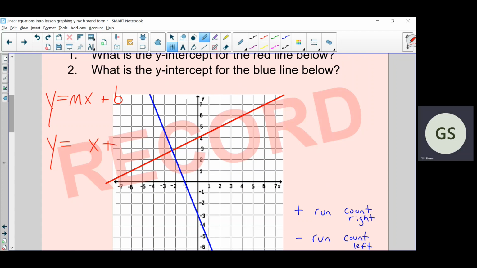Every equation you create is going to have that in. Every one. You're never going to be missing a y or an x. You could theoretically have a different sign than the plus sign, but we can work around that. We'll just say plus a negative instead of using subtraction.